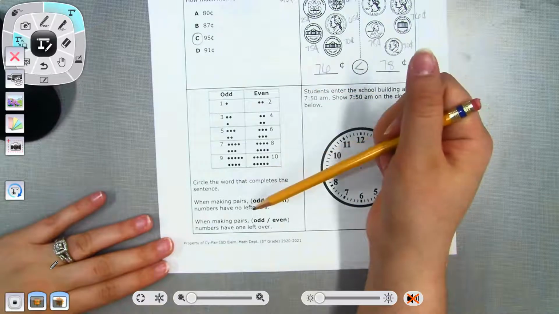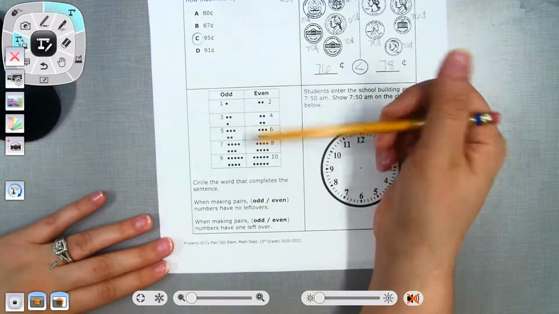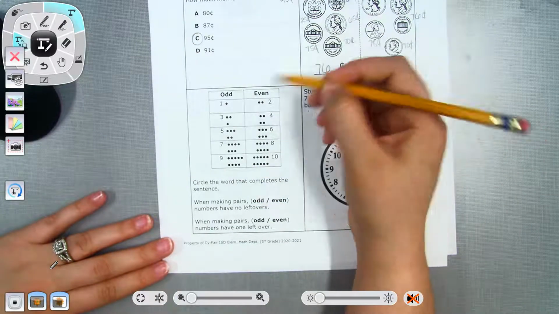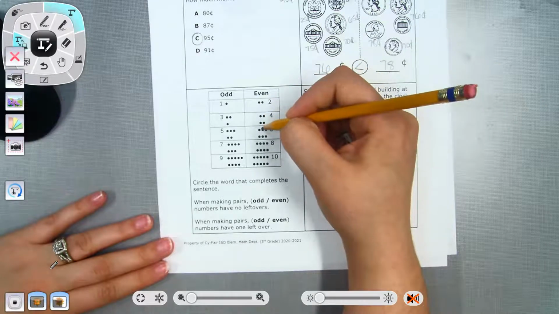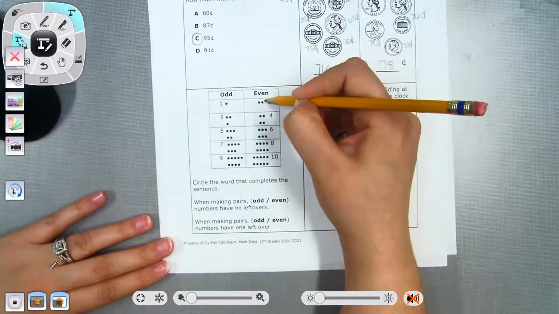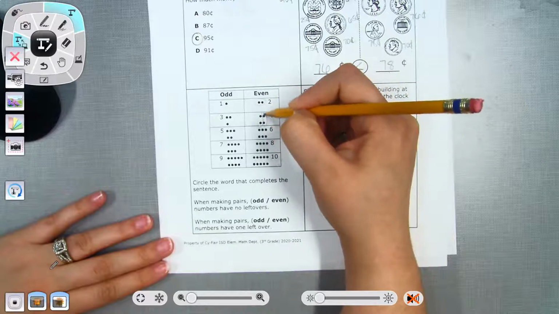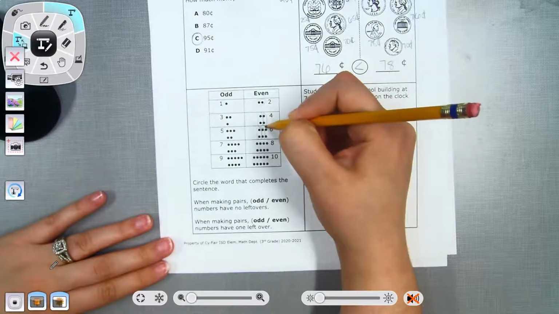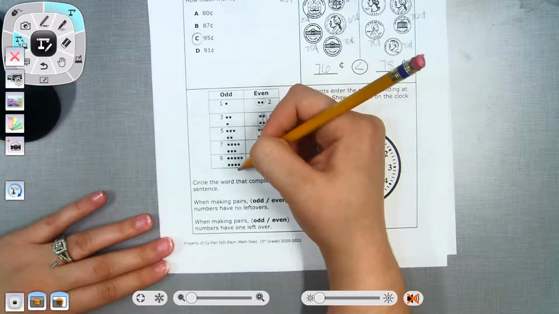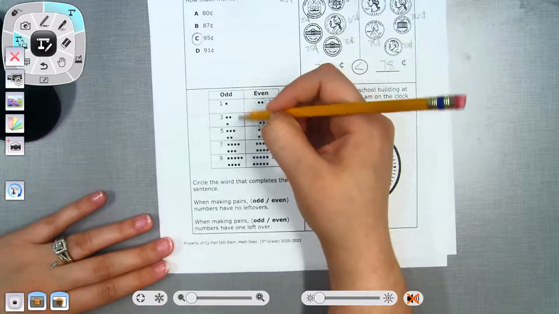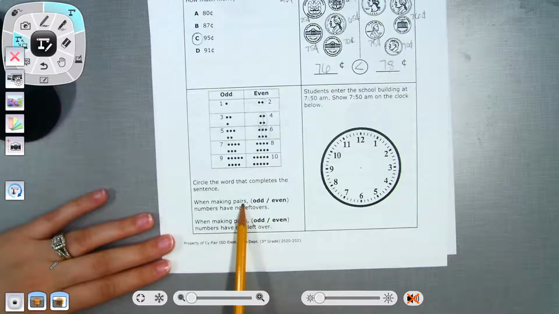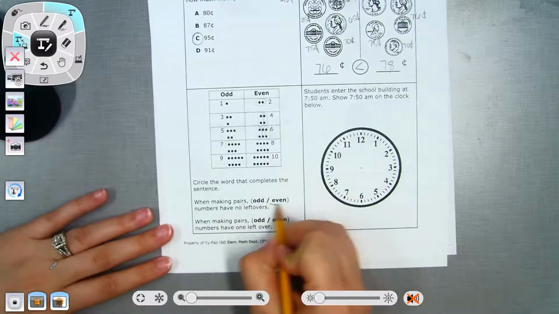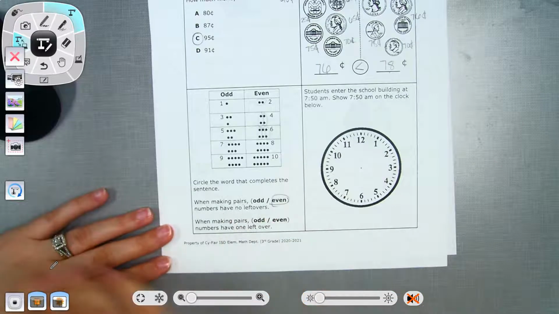If you remember, we did odd and even in 2nd grade, and we said that when you have an even number and you draw it out, it's going to have a partner. You're going to be able to put 2 in a group. When it's odd, you're not able to partner them up. You'll have 1 left. So when making pairs, even numbers have no leftovers.